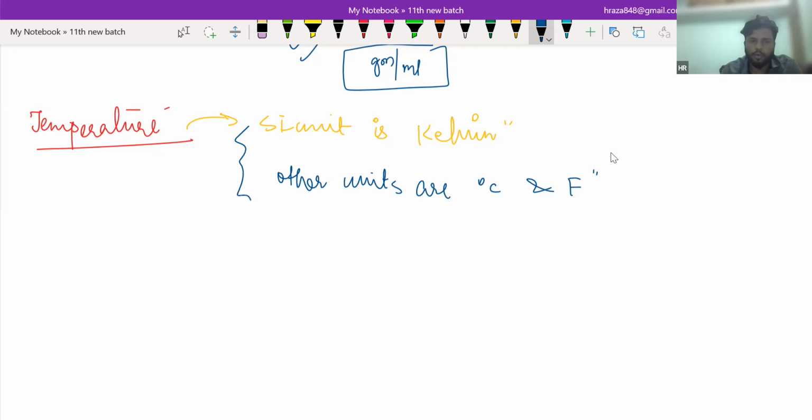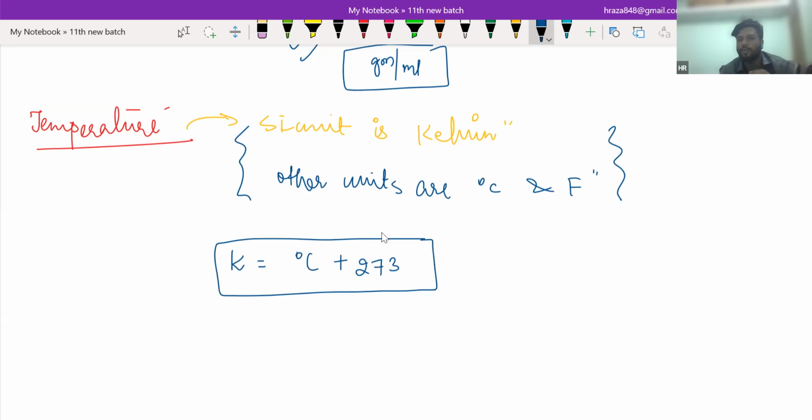We have to know how to convert Kelvin into degree centigrade, Kelvin into Fahrenheit, or degree centigrade into Fahrenheit. Kelvin is equal to degree centigrade plus 273. Whenever we need to convert degree centigrade into Kelvin, we just add 273. The exact value is 273.15.